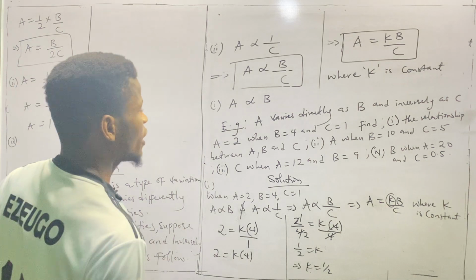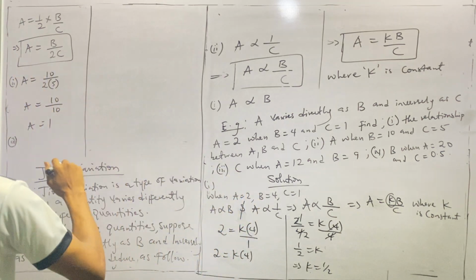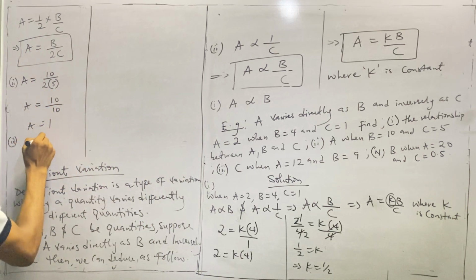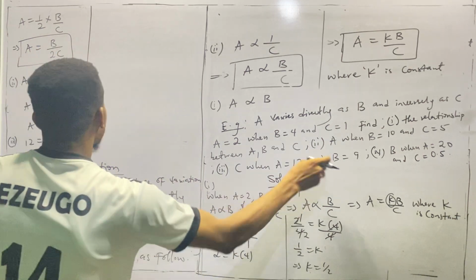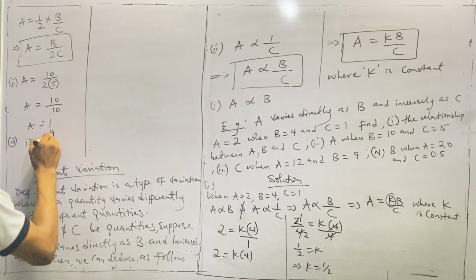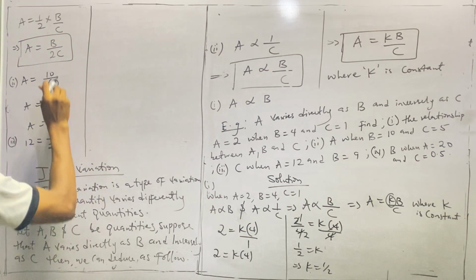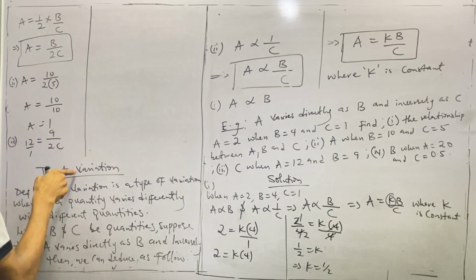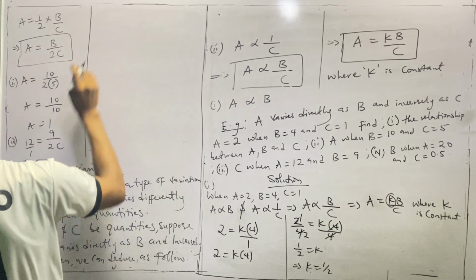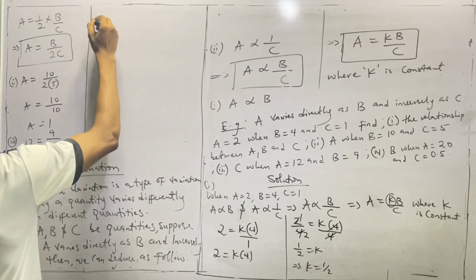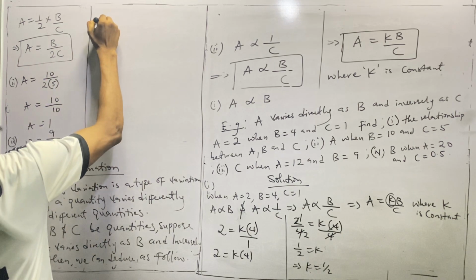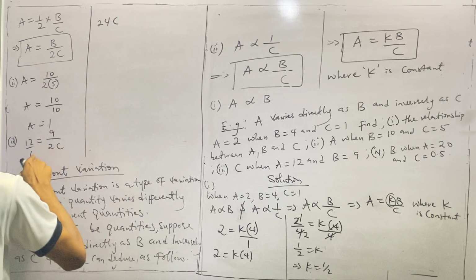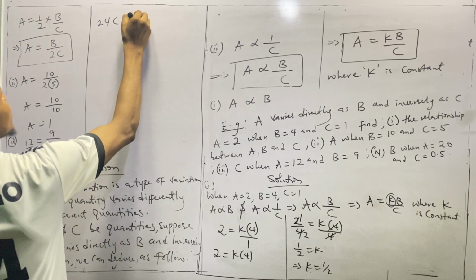The next one says we find C when A is 12. So from the equation, A is 12, B is 9, so we have 9 here, all over 2 times C. We are looking for C. At this point, we can make this 12 over 1 and cross multiply. 12 times 2C, 12 times 2 is 24, then C, that equals 1 times 9, which is 9.